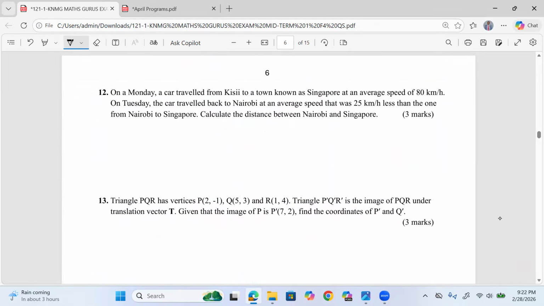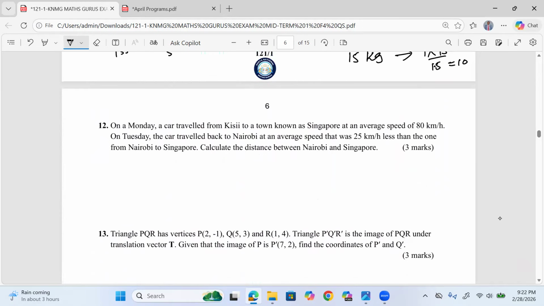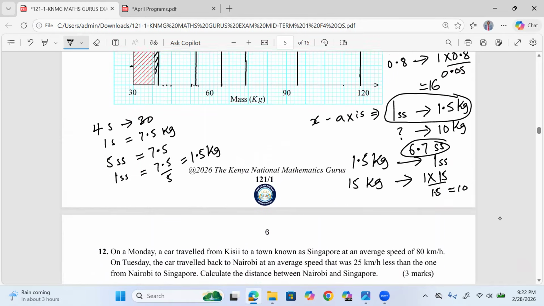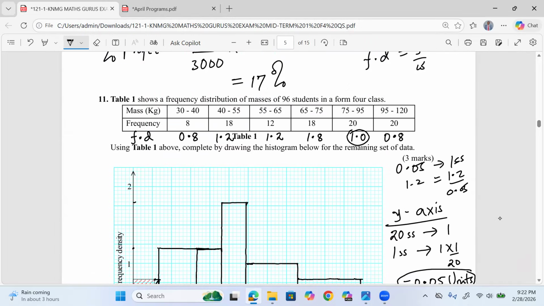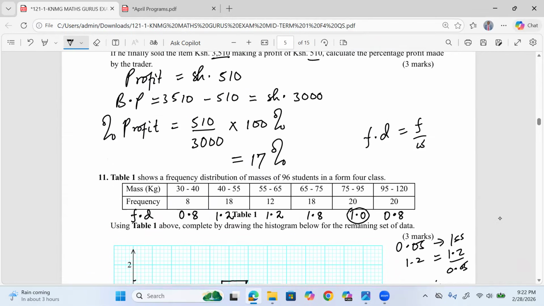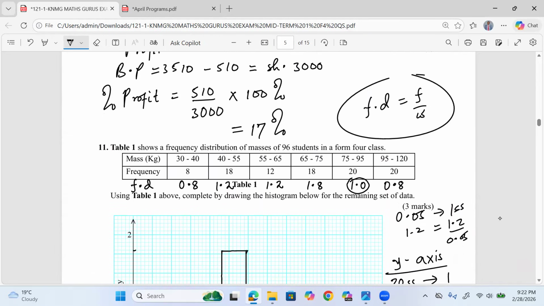Looking at number 12 now, but before we read this question about a Monday, let's get back to this graph and say, just a reminder, when class intervals are different, calculate frequency density. How do we calculate frequency density? Frequency out of width of a class.